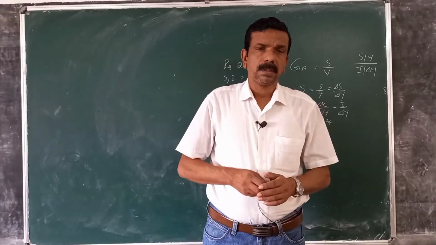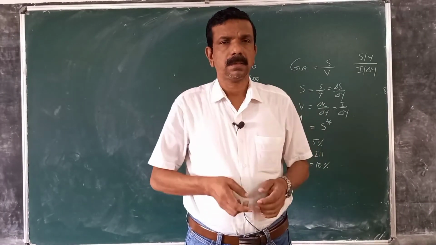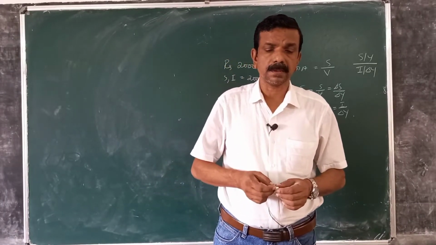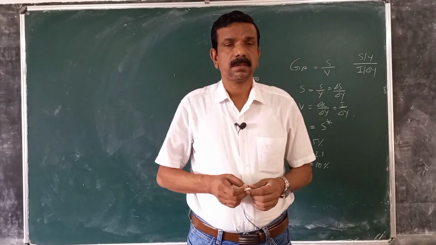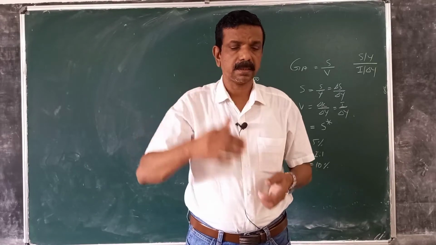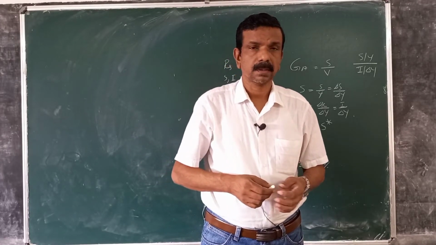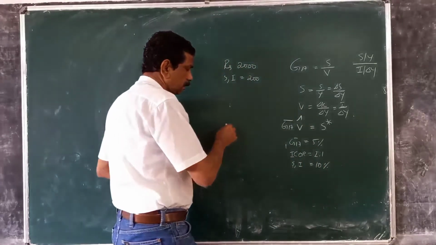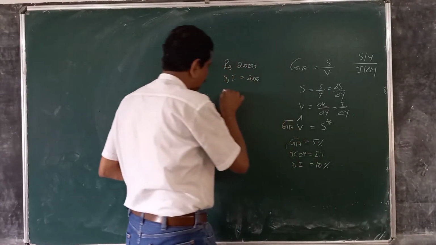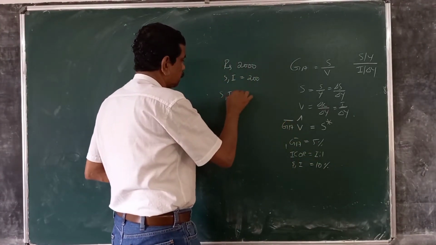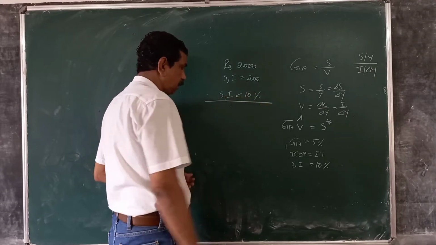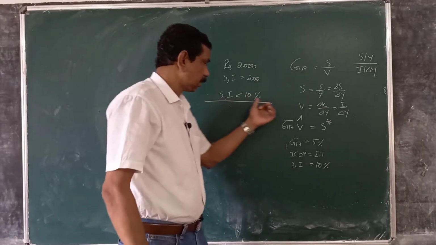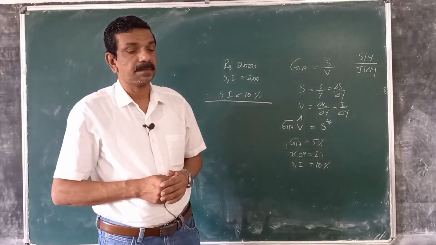Now, the Harrod Domar model can also be used to determine the amount of foreign resources required to attain the targeted growth. Suppose that saving or investment rate is less than 10% of GDP.